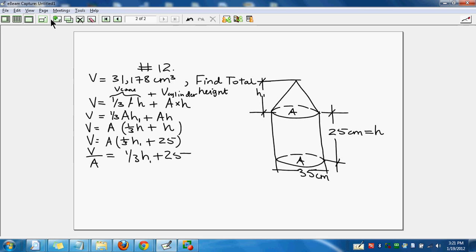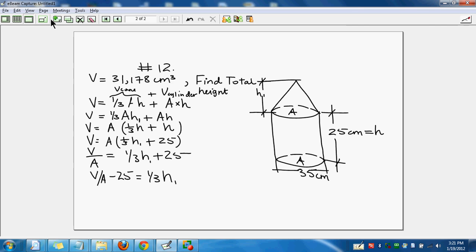The next thing I could do is say minus 25 on the right hand side, minus 25 on the left hand side. So this becomes V over A minus 25 equal to a third H1, right, so far. And the last thing I'll do is to remove the third, right.